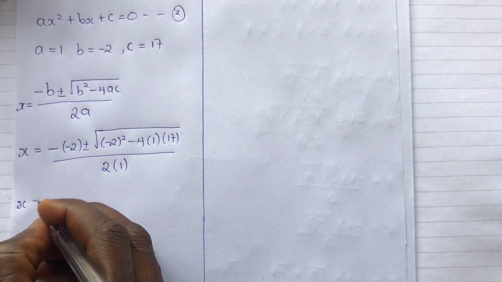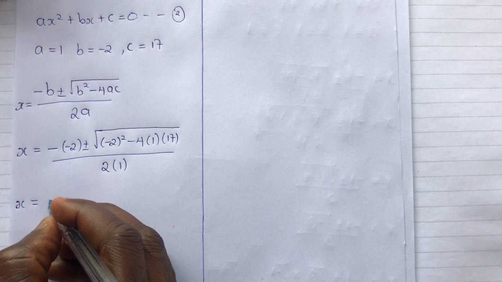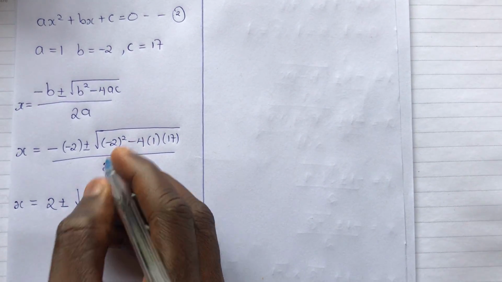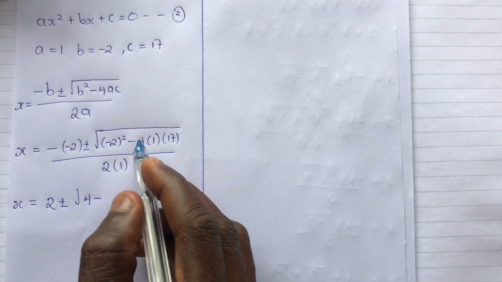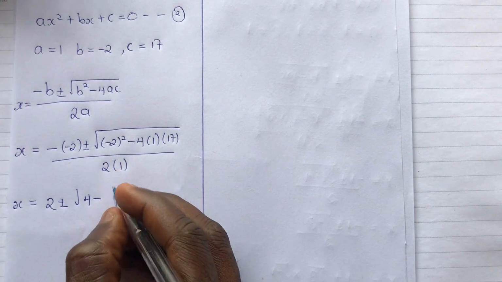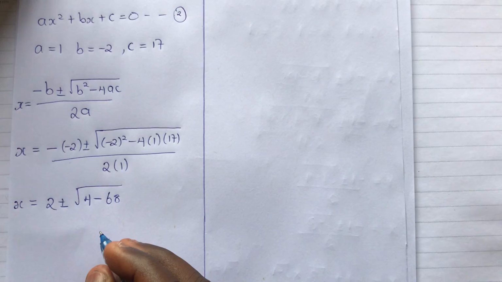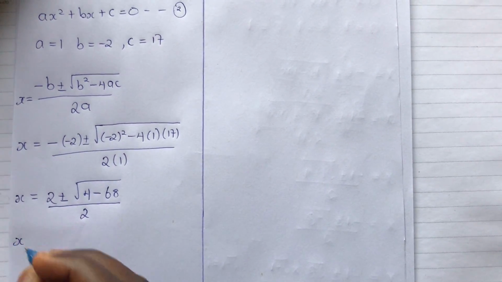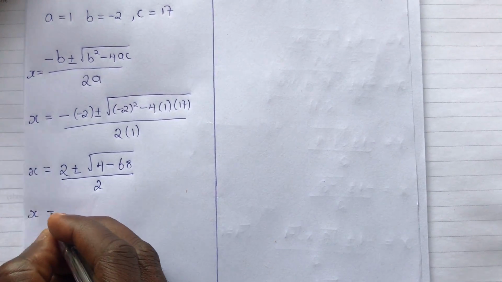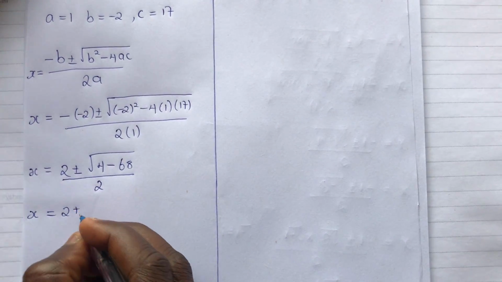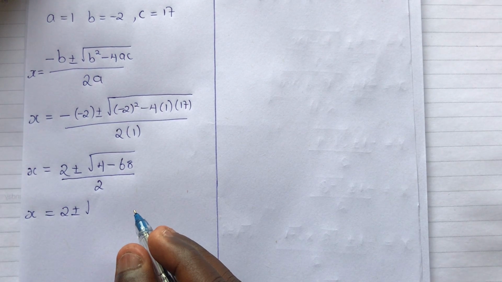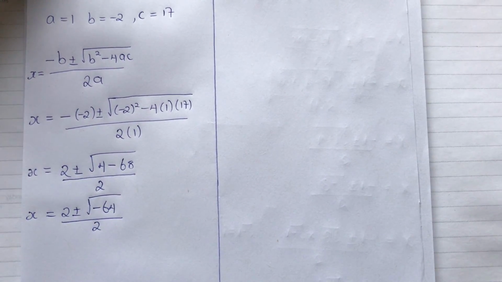We have x being equal to negative times negative 2 giving us 2, plus or minus root of 4 minus 4 times 17, which is 68, all divided by 2. So now when we subtract this we are left with 64, all out of 2.